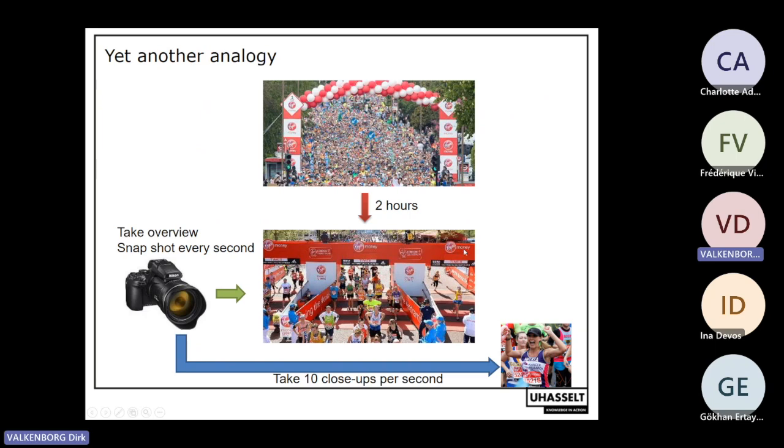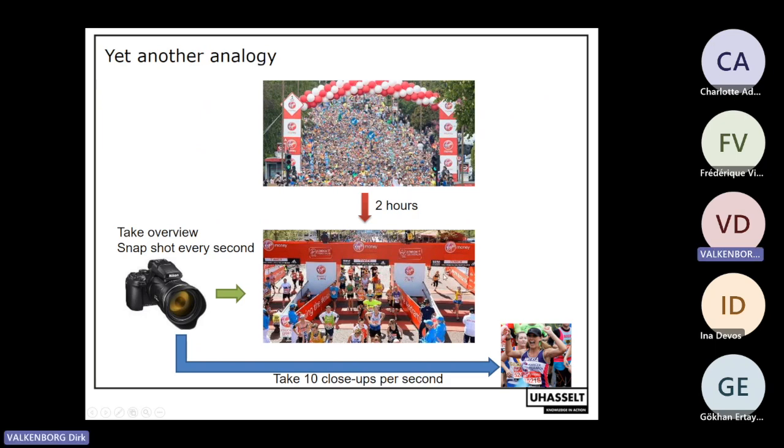And that would be similar to your MS1 scan. You look at all the ions that come from the column at a certain time point, right? And you look at the picture because you're a very fast, well-experienced photographer, and you figure out which persons you haven't taken a snapshot of.